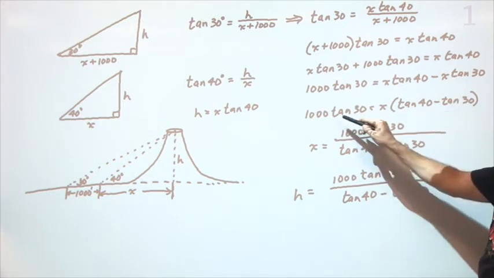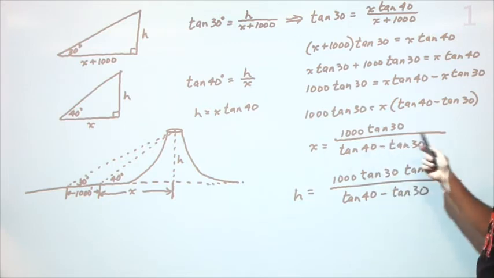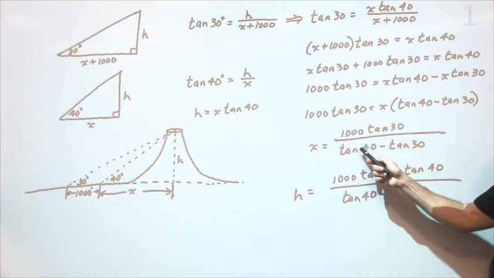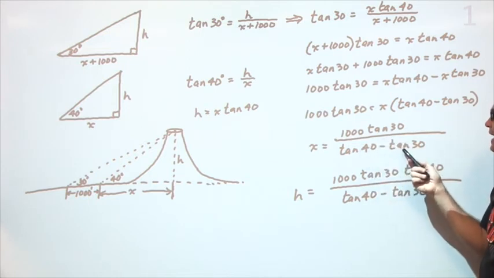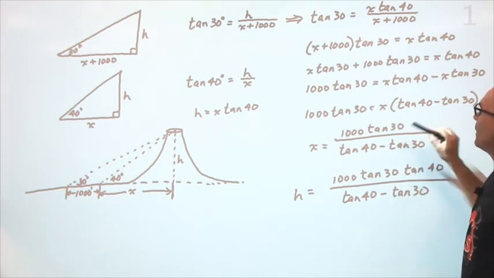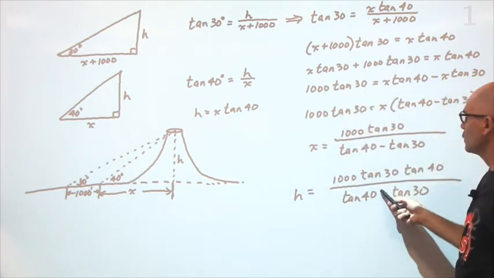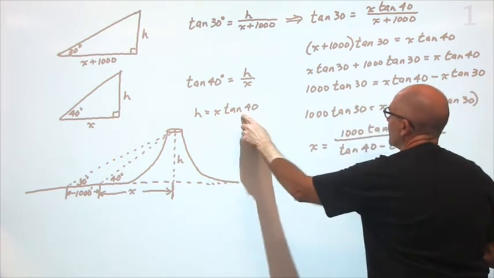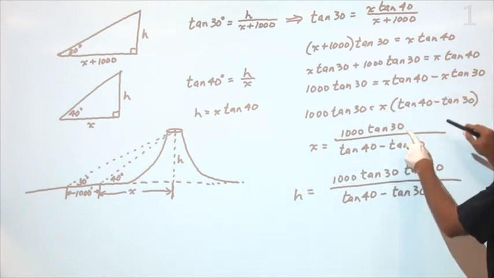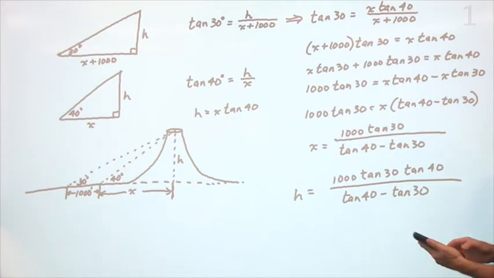Then I divide out everything but the x, and that gives me an expression for x alone. Now everything here is numbers that I can simply multiply out in the calculator. But the thing is, I don't want to know x. x really isn't important. What's important is h. So I know h equals x times tangent 40, so all I do is multiply this thing by tangent 40, which means I put the tangent 40 in the numerator. Now I'm ready to calculate the h.